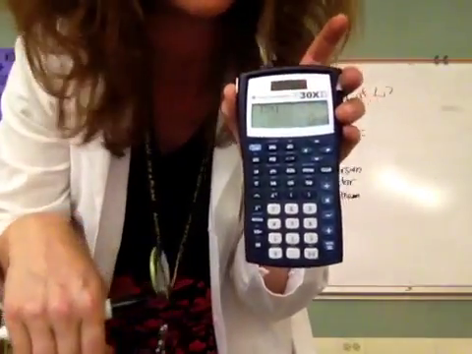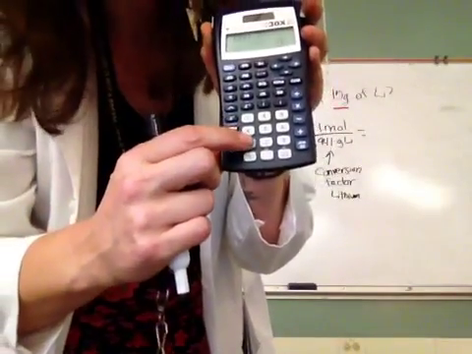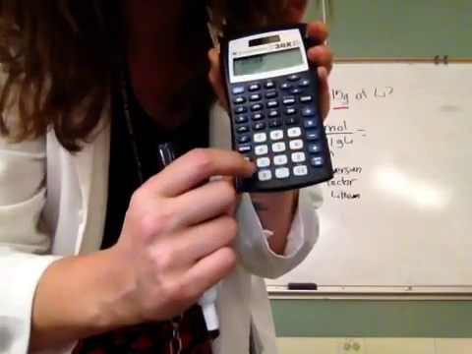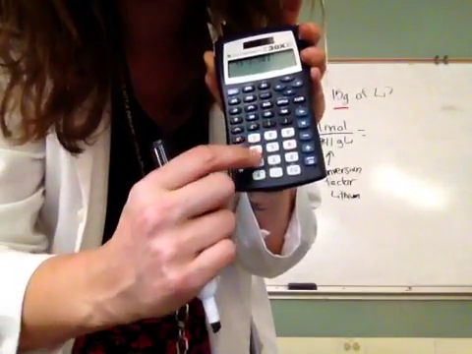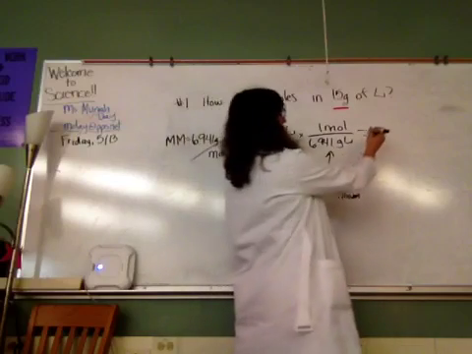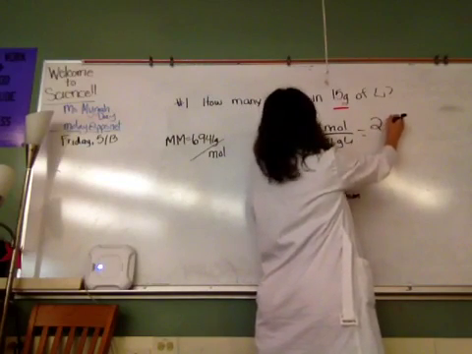If that's super clear to you, great, you can move on. So you're going to do 15 divided by 6.941 equals. So that will tell us our number of moles.